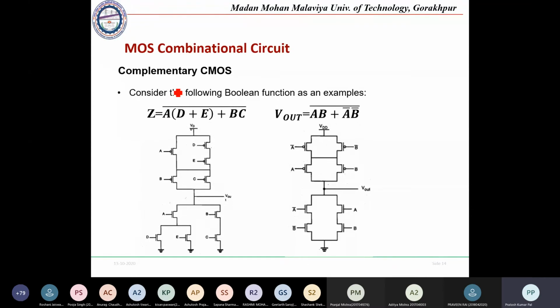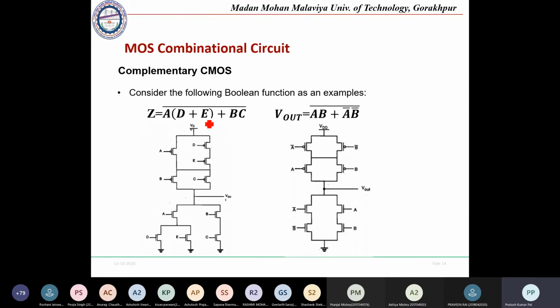And this is the implementation of a complex CMOS circuit. Suppose the circuit we need to implement is Z equals the whole bar of A into B plus E plus BC. First of all, we will start with the NMOS implementation.